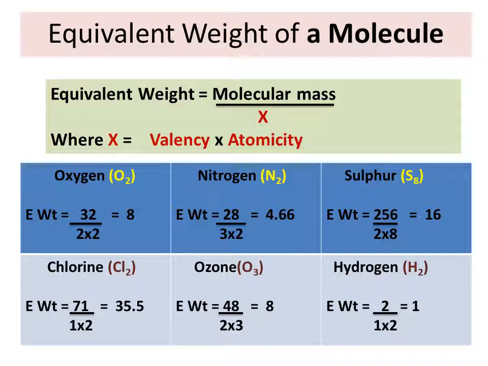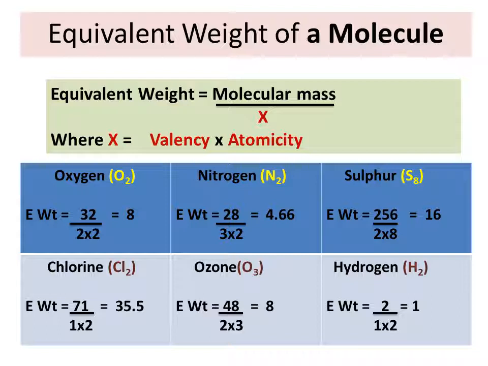So molecular mass of sulfur molecule is 256, and valency of sulfur is 2. Atomicity, because we can see that it is the S8 molecule, 8 is the atomicity. So 256 upon 2 into 8, and this comes out to be 16. So equivalent weight of sulfur is 16.